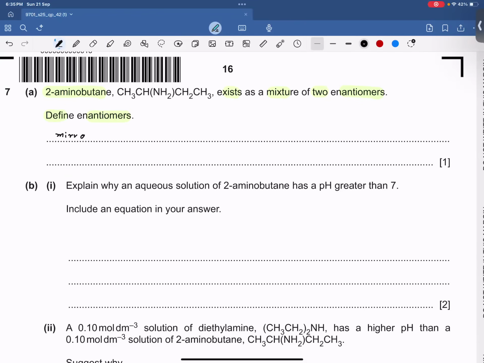They are mirror images of each other, and they will rotate plane polarized light equally in opposite directions.